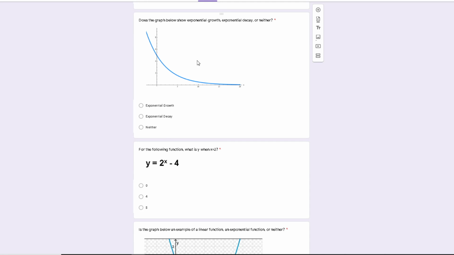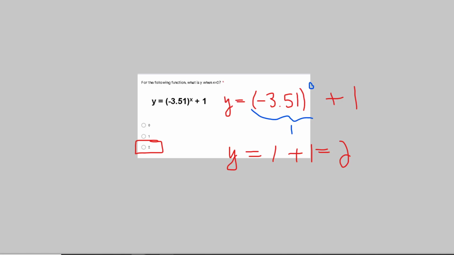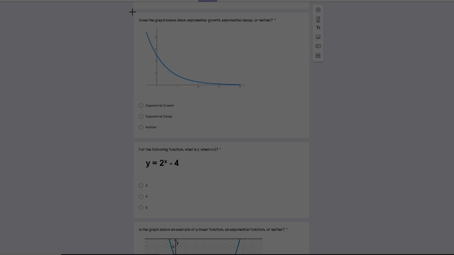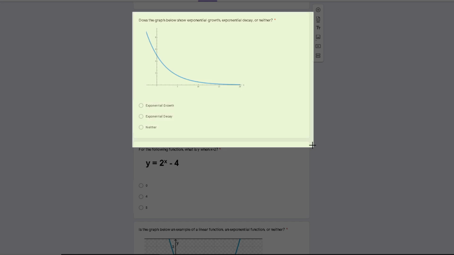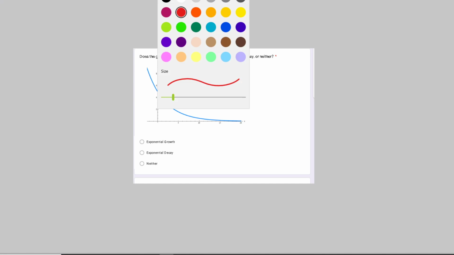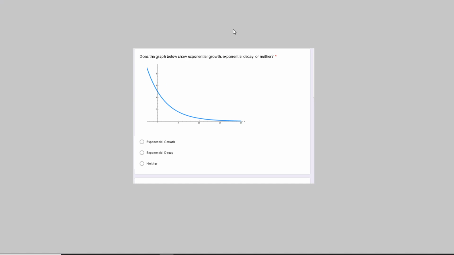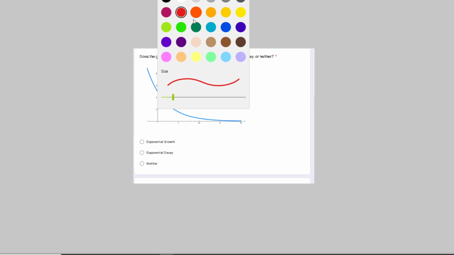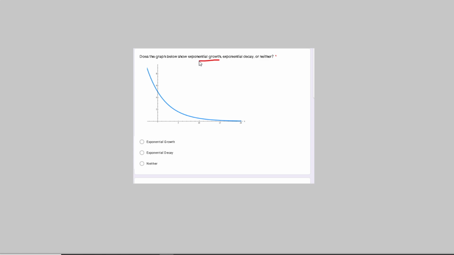Does the graph below show exponential growth, exponential decay, or neither? So remember, exponential growth, we'll use red for that. Exponential growth looks like something like this.